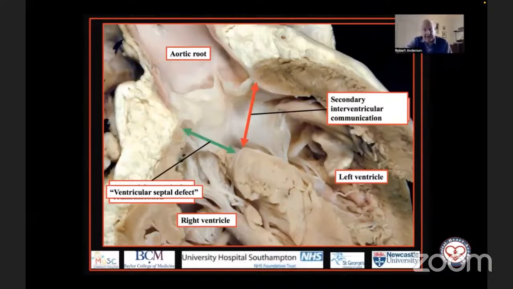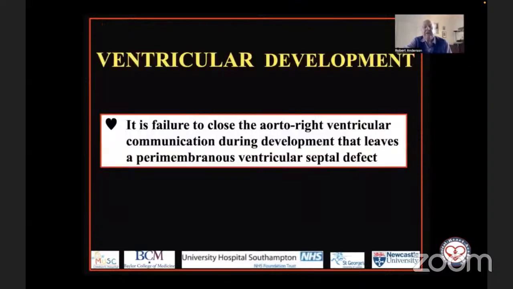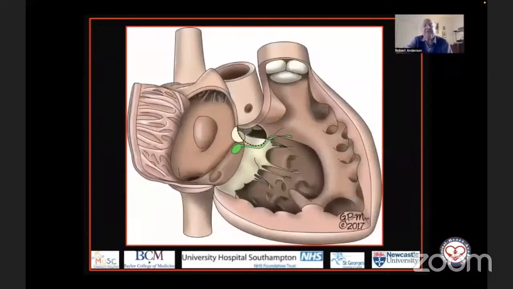And always it is the aorto-right ventricular communication that has to be closed so as to put the aortic root into communication with the left ventricle. And indeed, it is failure during development to close that aorto-right ventricular communication that gives us the perimembranous ventricular septal defect.